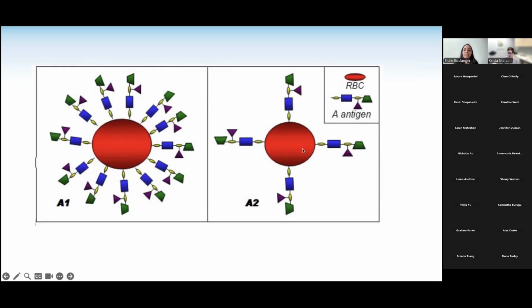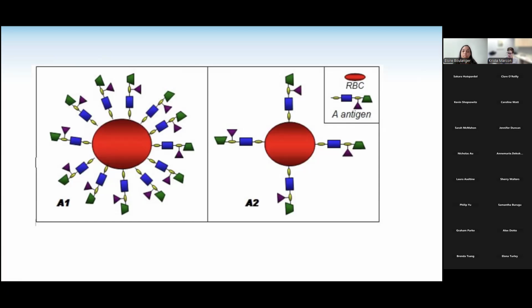So in this A2, there will be a mutation in the A antigen. The enzyme that converts the sugar for the A antigen won't work properly. It will be hypofunctional. So the people who have A2 will have less antigen. They have the same A, but they have less in number.